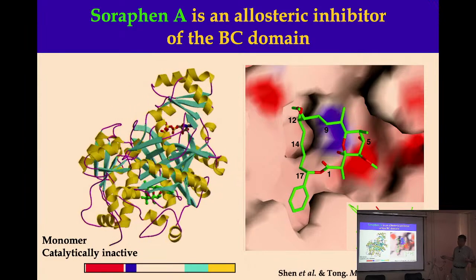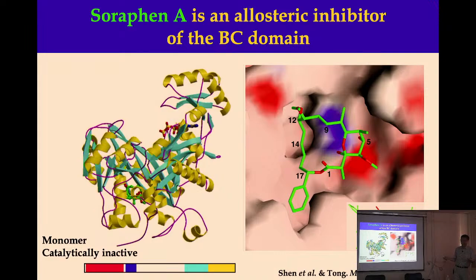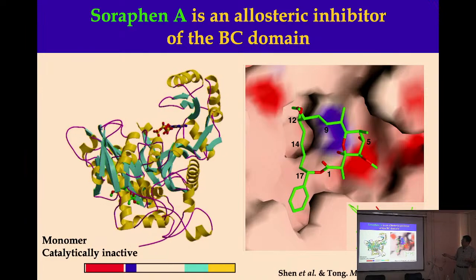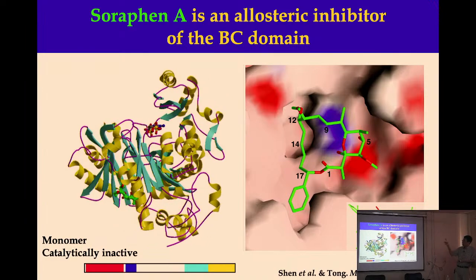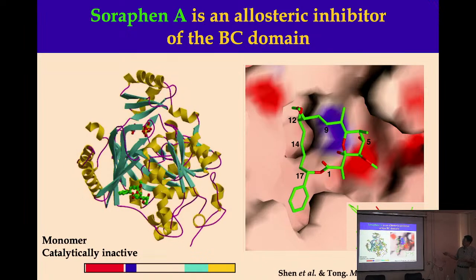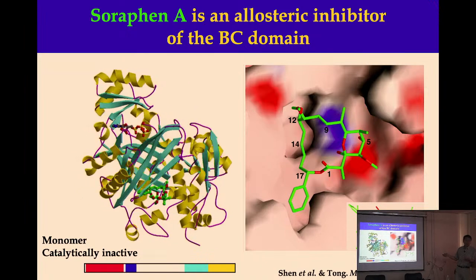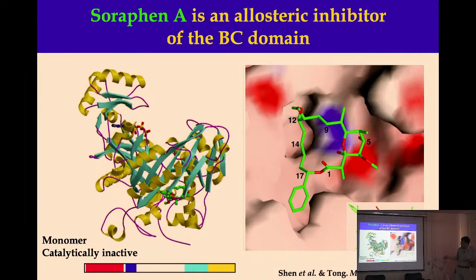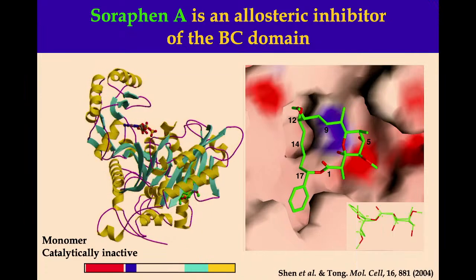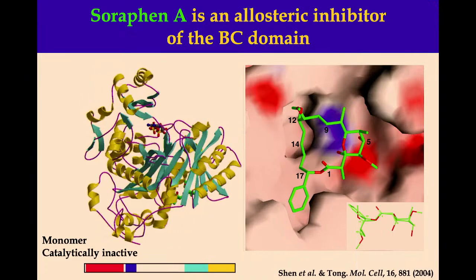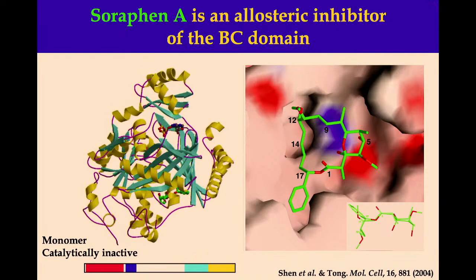Secondly, remember BC requires ATP hydrolysis. ATP binds up here, and that's where the domain opens and closes during catalysis. So this will be the active site because that's where ATP binds. And sorphin, in green, binds to the opposite face of the molecule. So this actually is an allosteric inhibitor.